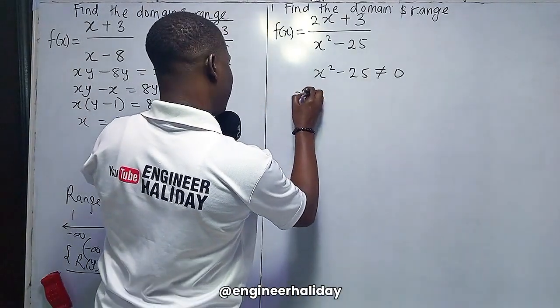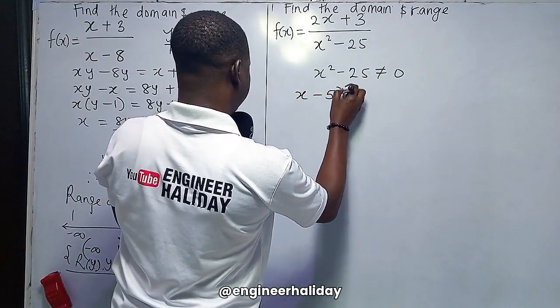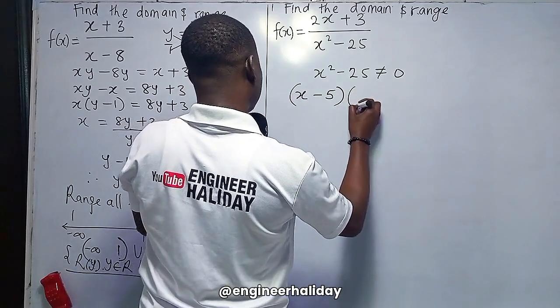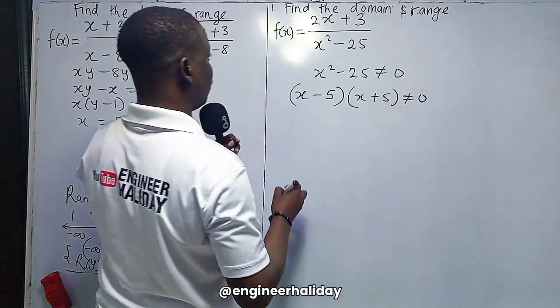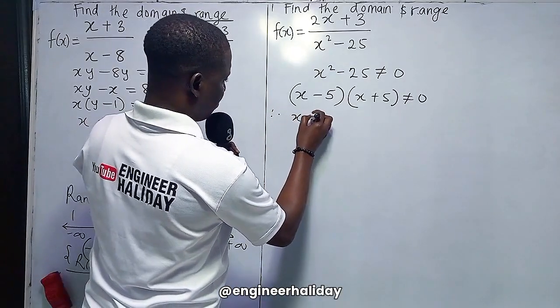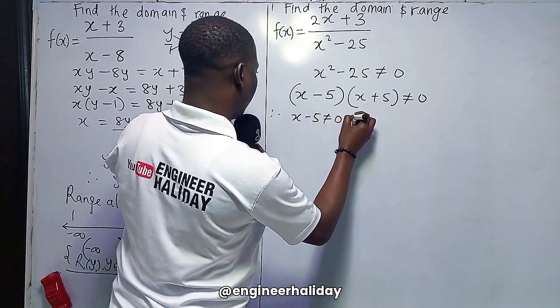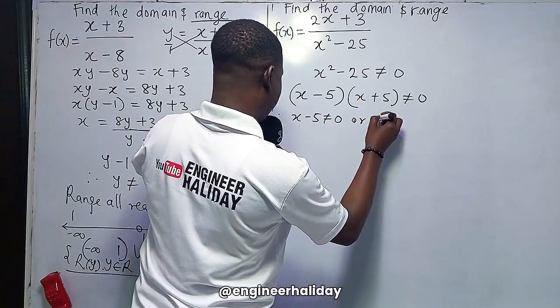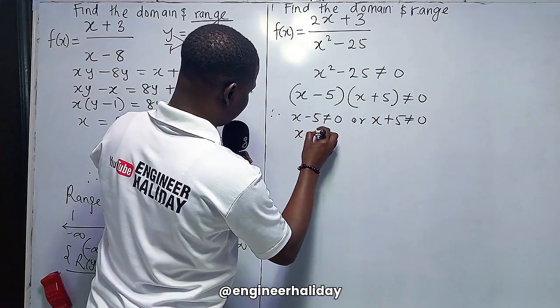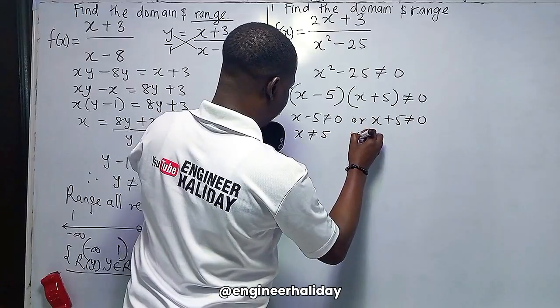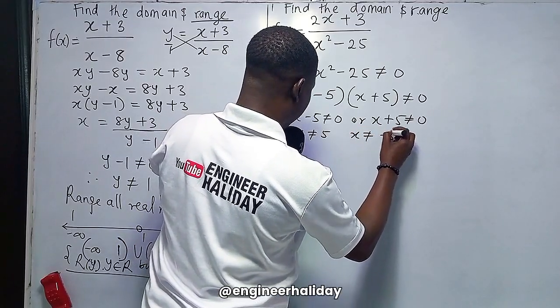Therefore, x minus 5 times x plus 5 must not be equal to 0. Therefore, x minus 5 must not be equal to 0, or x plus 5 must not be equal to 0. So x is not equal to 5, and x must not be equal to minus 5.